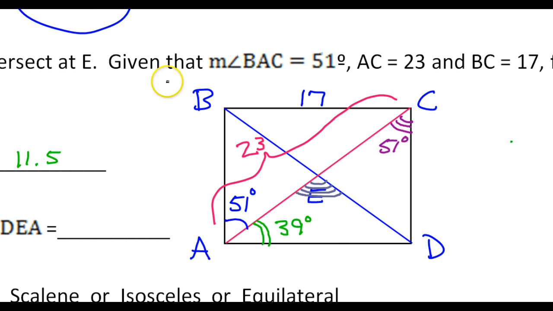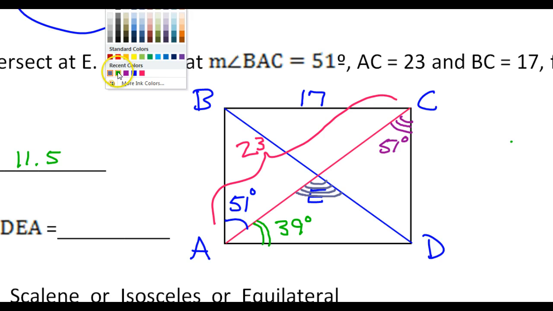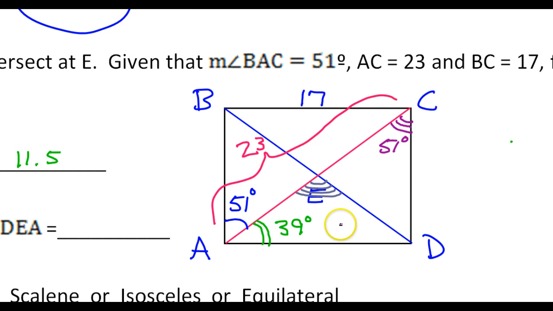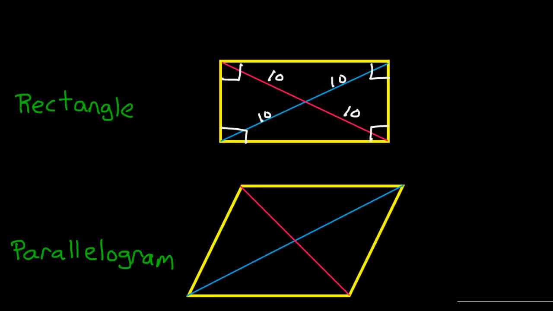The thing to do is to recognize that each of these four small triangles going around the rectangle, meeting at E, are isosceles triangles. Because of the whole thing about the diagonals being congruent and bisecting each other, these four will all be equal, like 10, 10, 10, 10. Hopefully you can see that that sets up a situation where you have a bunch of isosceles triangles.